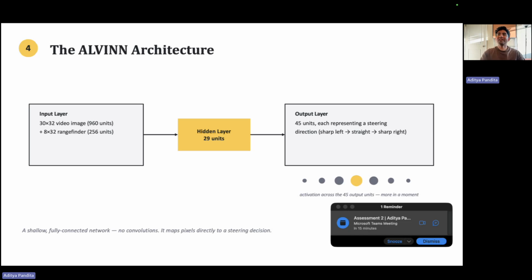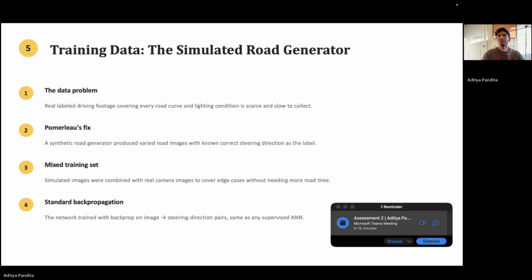The hidden layer connects to an output layer of 45 units. This is fully connected, not convolutional. That distinction matters because CNNs exploit spatial structure in a way this network does not. Notice the output layer has 45 units, not one. I will explain why that's a deliberate design choice in the upcoming slides.